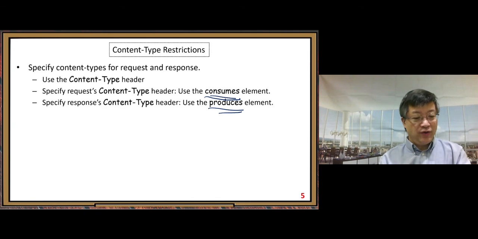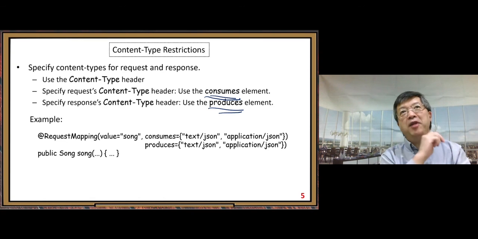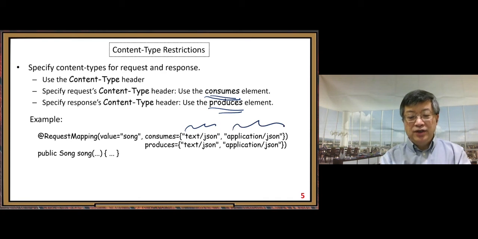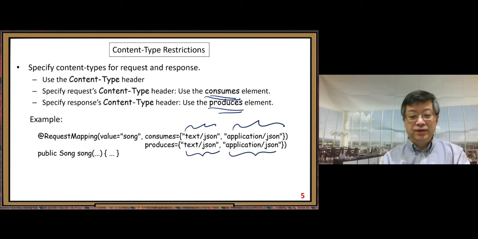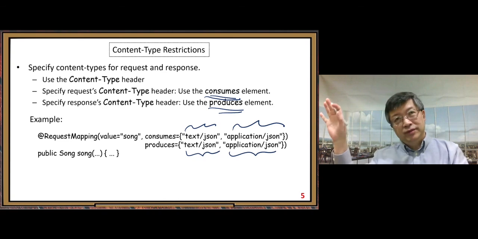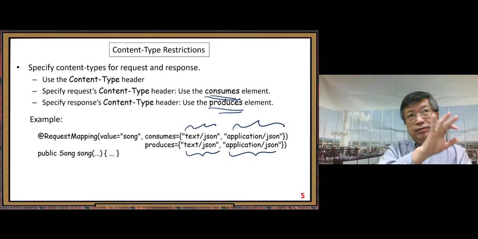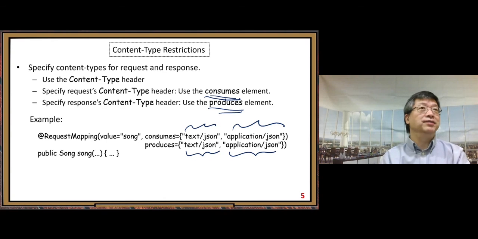In the example, the value is a song, and the content type should match. Using a string array, these two are different, and produces also has these two. Consumes takes multiple content types, and produces takes multiple content types. So you get the idea, pretty straightforward.